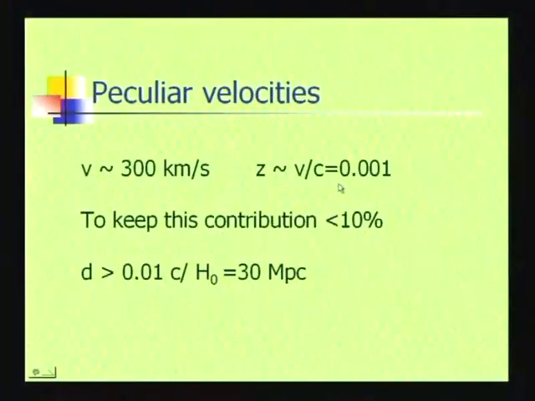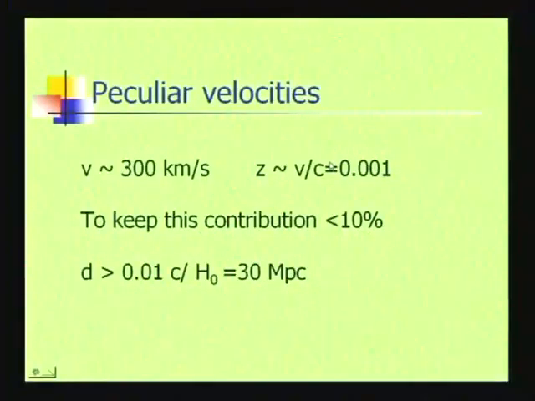So, we have to divide by c, which is 3 into 10 to the power 5, this is 3 into 10 to the power 2. So, we have 10 to the power minus 3 as the contribution from peculiar velocities to redshift. So, this gives an order of magnitude of the contribution from peculiar velocities to the redshift, which is of the order of 10 to the power minus 3, maybe slightly more, but of that order.